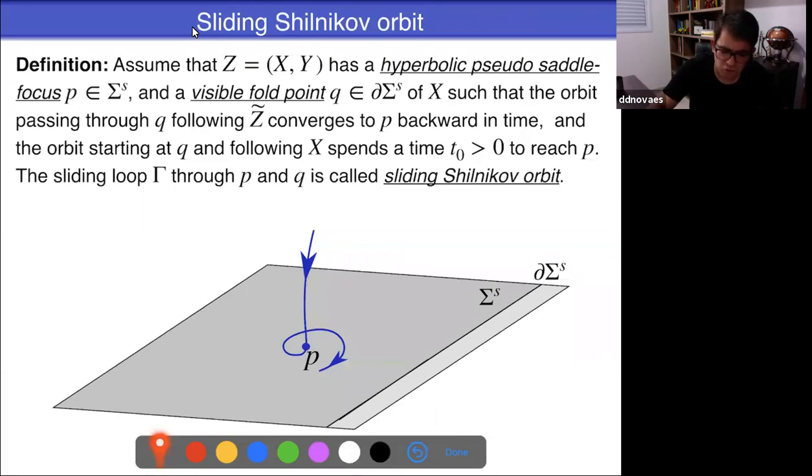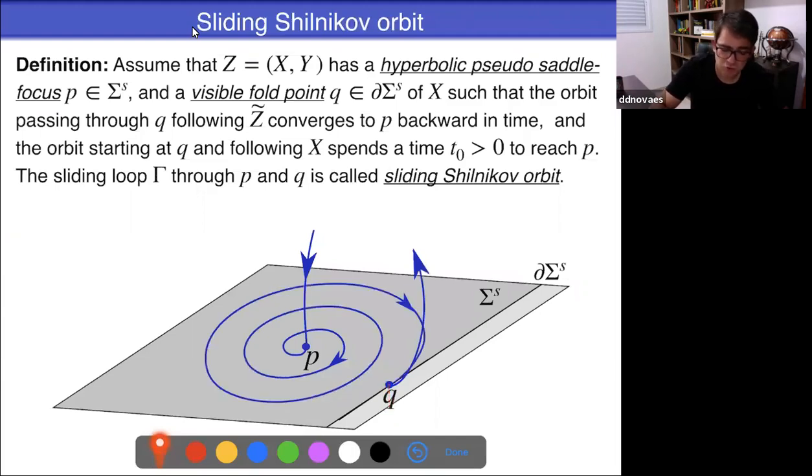We also assume that we have a fold regular point here. The vector field below the surface is transversal to the surface at this point. And we assume that the backward trajectory through the sliding vector field of this point approaches the pseudo-singularity asymptotically.